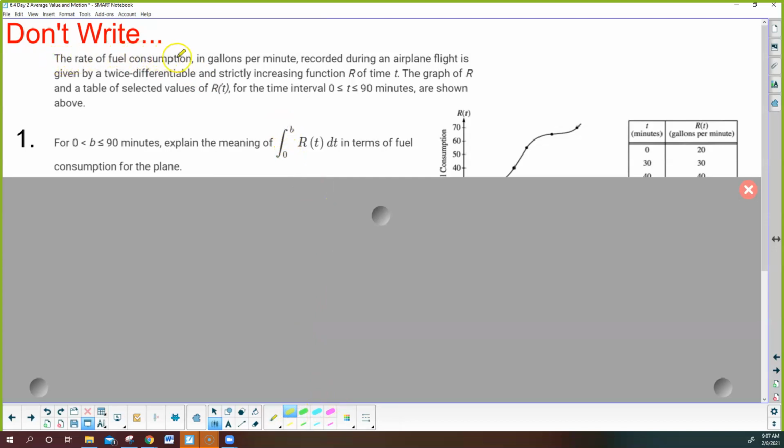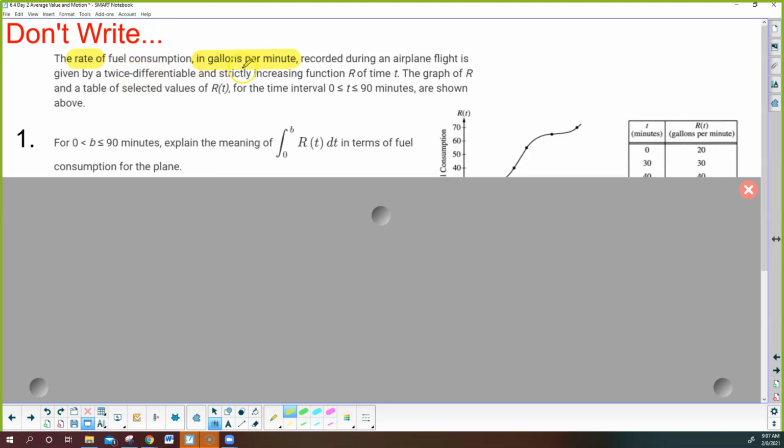It says the rate of fuel consumption in gallons. Now notice right away they say rate, right? So you have to have some type of rate in your units. So the rate of fuel consumption is in gallons per minute, recorded during an airplane flight, which is twice differentiable. Remember that twice differentiable just means the derivative exists twice. And since it's differentiable, that implies it's continuous.